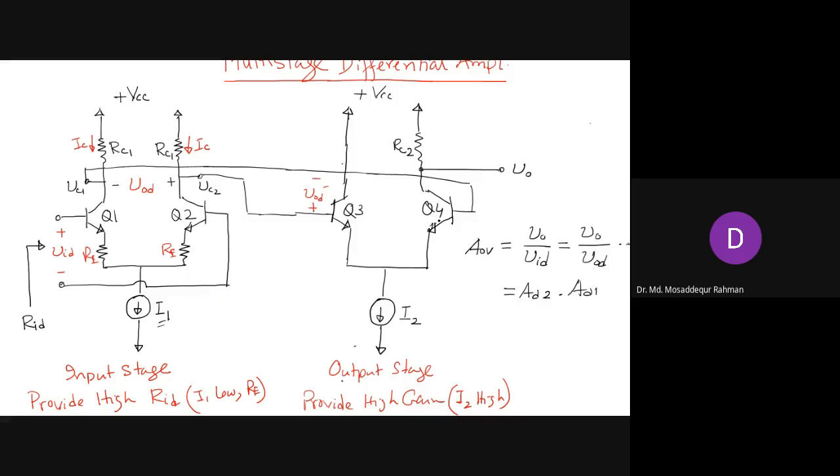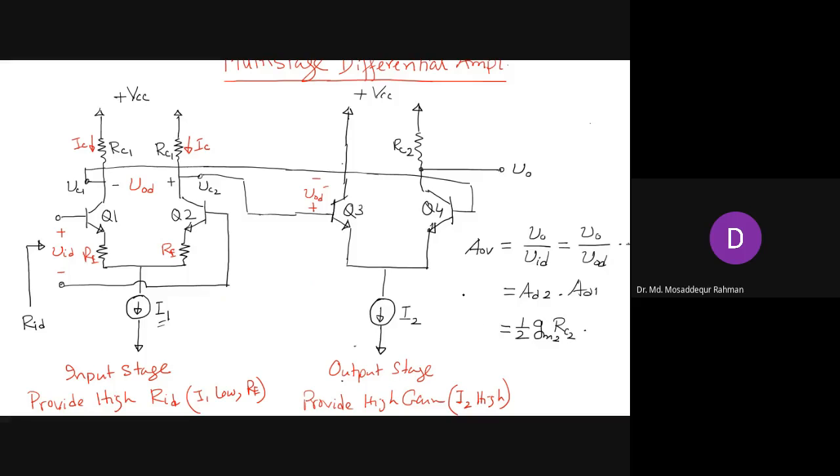Now for the output stage, we are taking the output from a single node. So the gain expression will be half GM2 RC2.